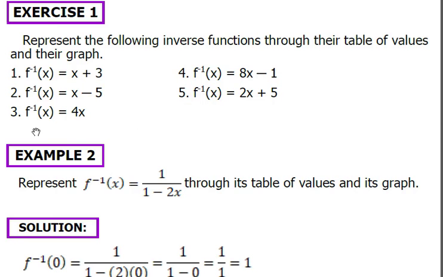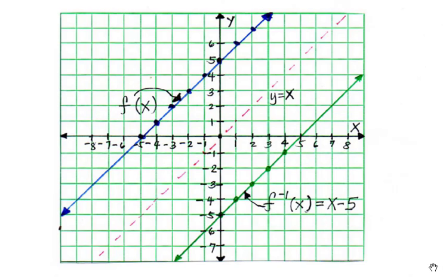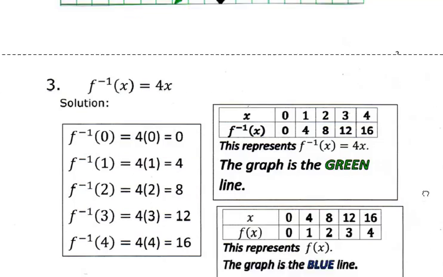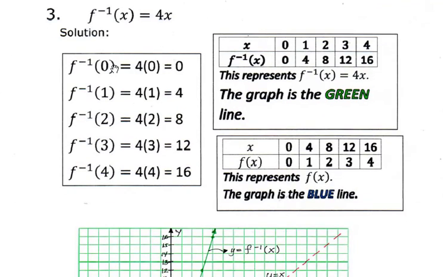f inverse of x equals 4x. So for number 3, again, the same values for x that we had assigned: 0, 1, 2, 3, 4. Then, substituting to the f inverse function, 4 times 0 is 0, 4 times 1, and so on up to 4 times 4 equals 16.